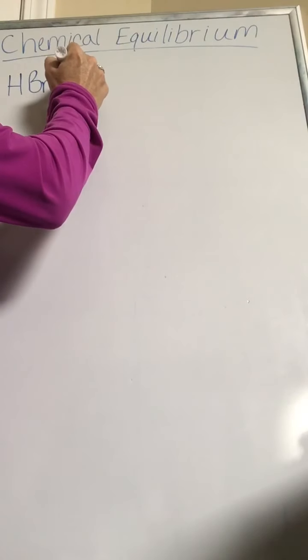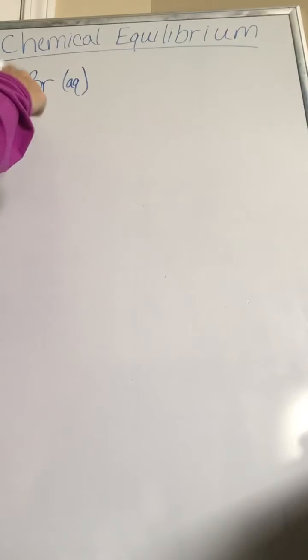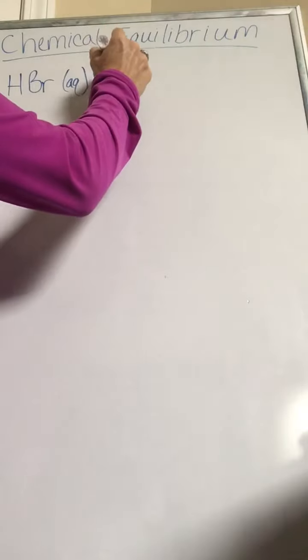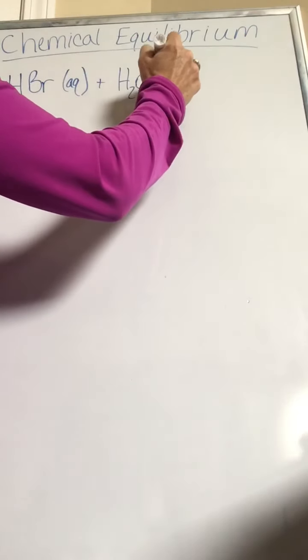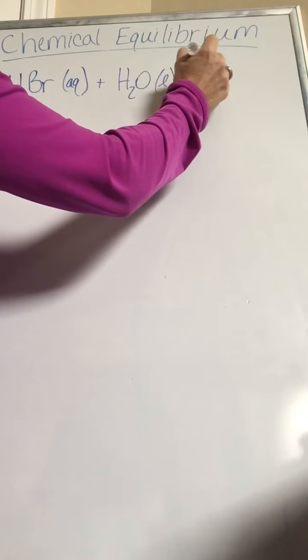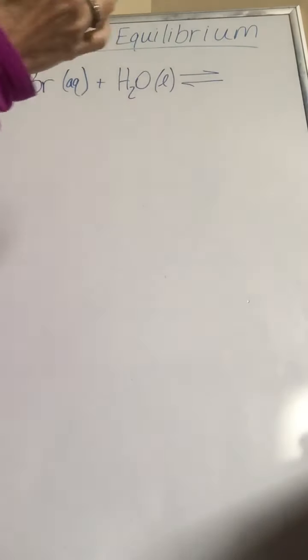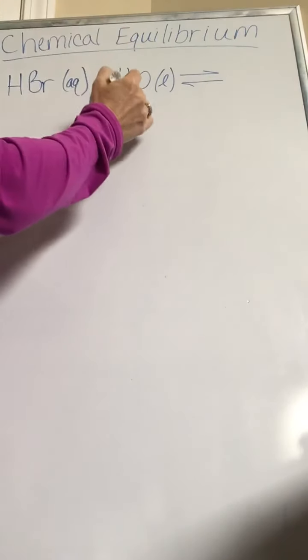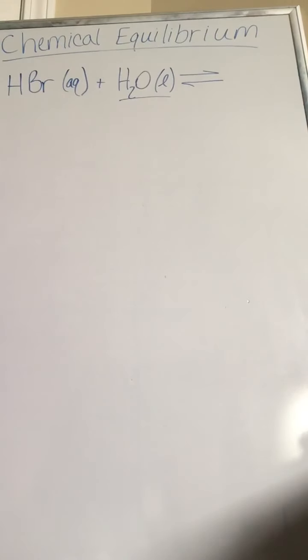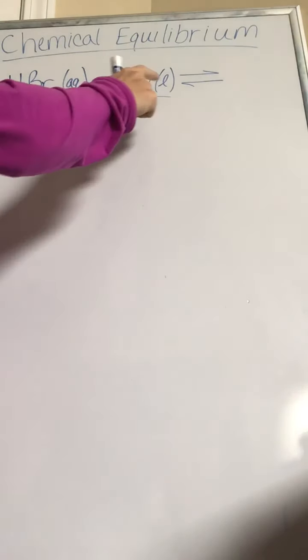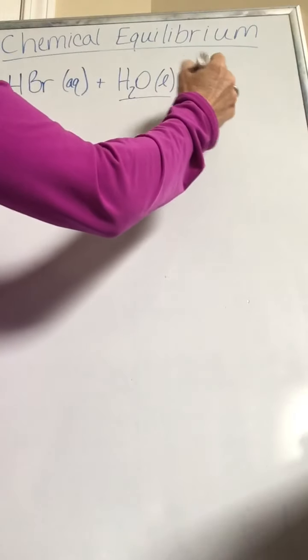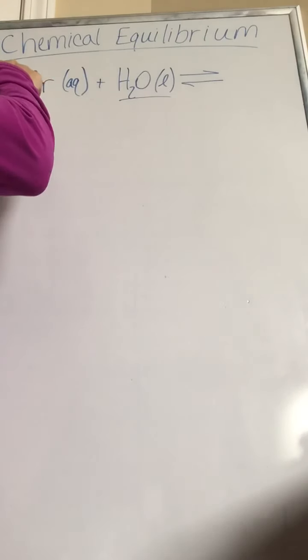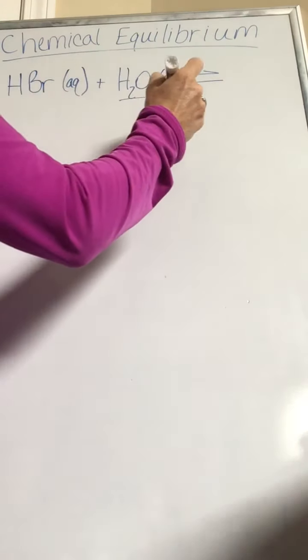So you have aqueous hydrobromic acid, and you're going to react it with water. That's the definition of the acid ionization constant. The water is liquid, and because it is the equilibrium constant, we are not going to account for water, because it's a liquid. What happens with an acid is it donates a proton. That's the definition of an acid.